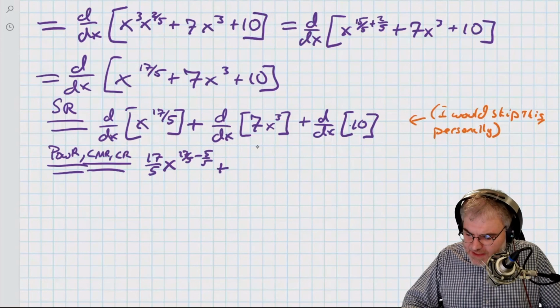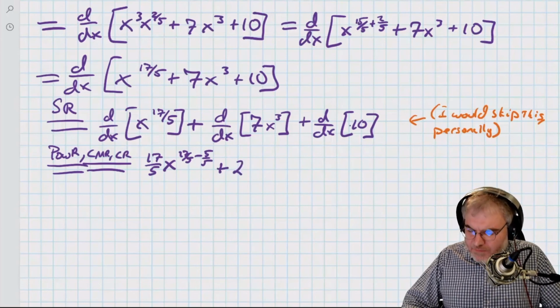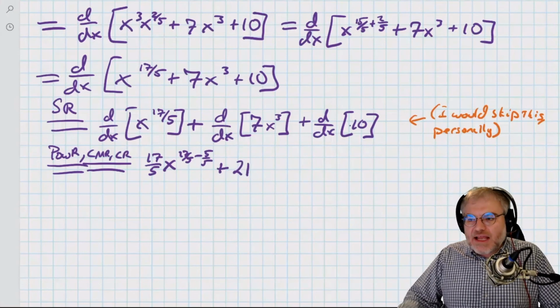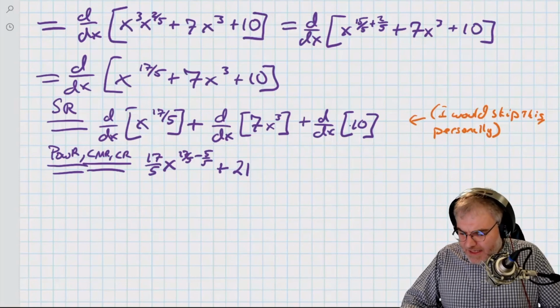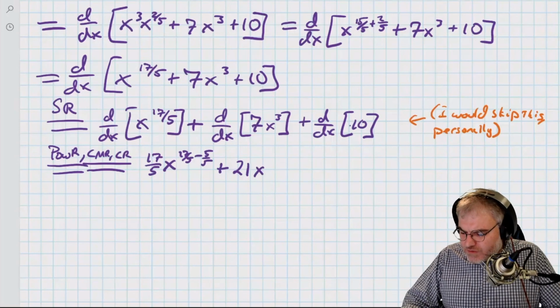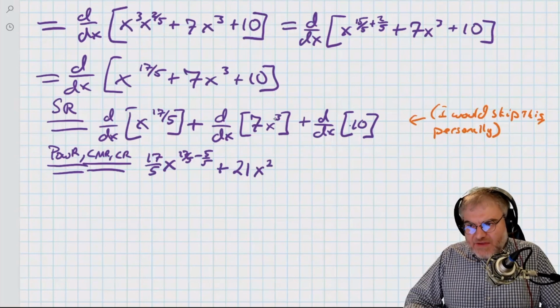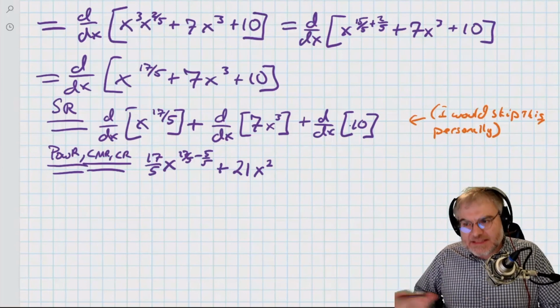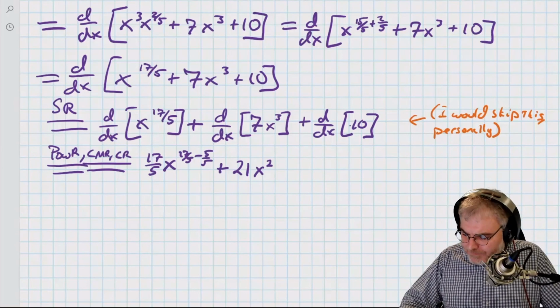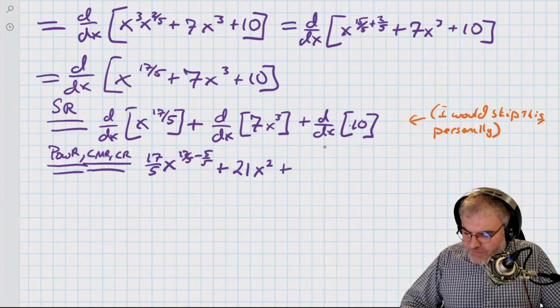Plus, and then this is going to become 21. I would skip this if it's just a whole number. If it's a fraction, if it's something complicated, I would actually write that out. x squared. This is a positive exponent, an integer. For a positive integer exponent, I skip the step on the minus 1 bit. Plus, the derivative of this right here is 0.